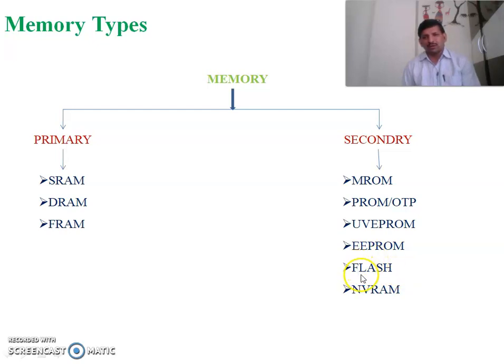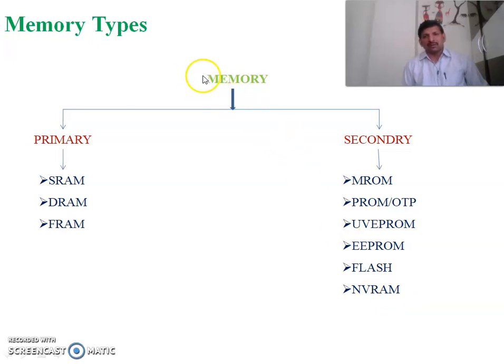Nowadays flash memory is the most popular. Next, non-volatile random access memory. With battery backup, it stores the data. Even when the power is turned off, by using the battery we can keep the data in the non-volatile random access memory.